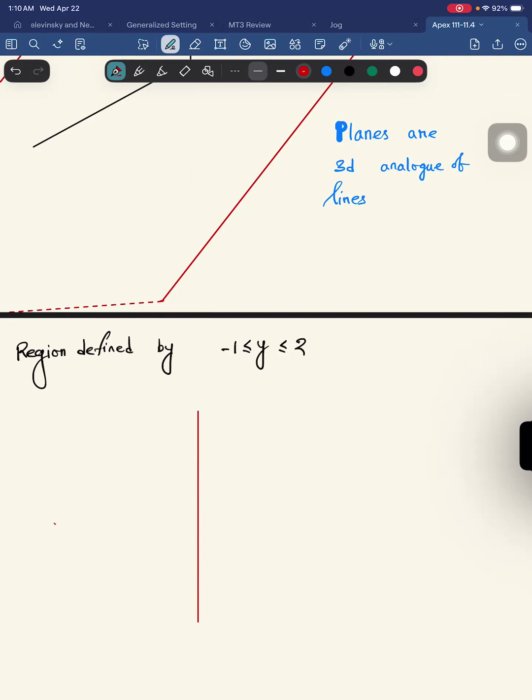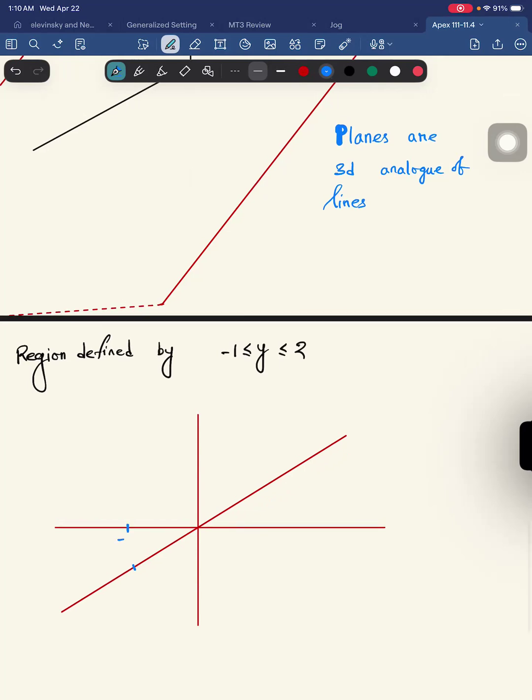Say this is z, this is y, and this is x. So the y coordinate is between -1 and 2. Let me mark y, z, and this is x.